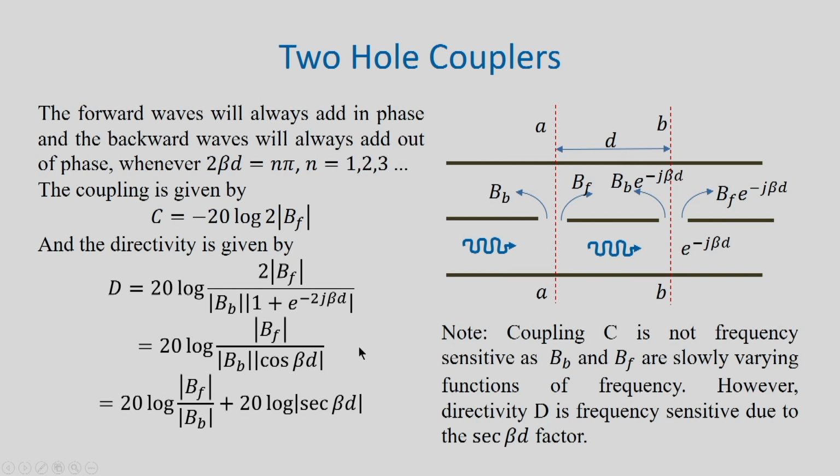So, we can see that if we want to design a two hole coupler, we need to know these two parameters, the coupling coefficients B_f and B_B, and once we have these values, we can design a directional coupler of the specified coupling and directivity.